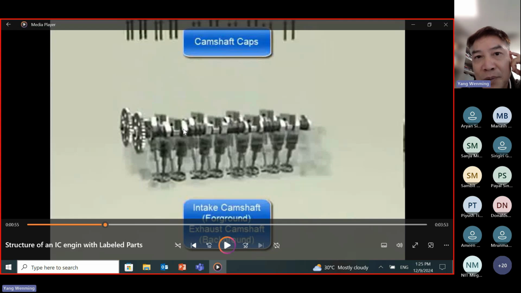This is a camshaft. This camshaft is used to control the opening and closing of the intake valve and the exhaust valve.